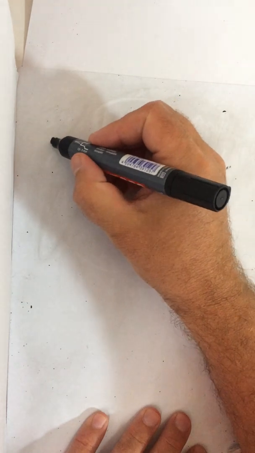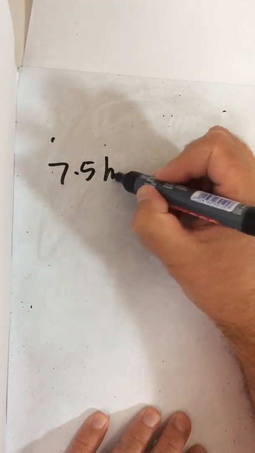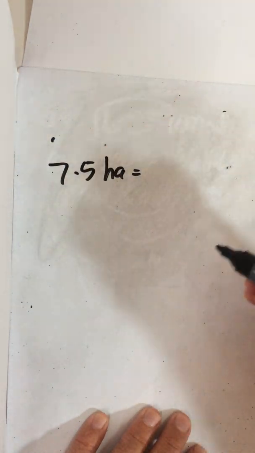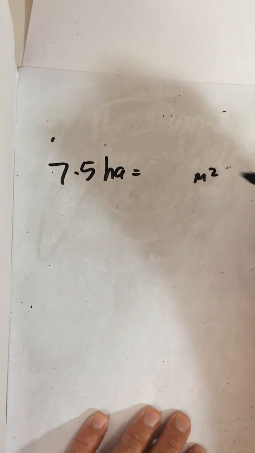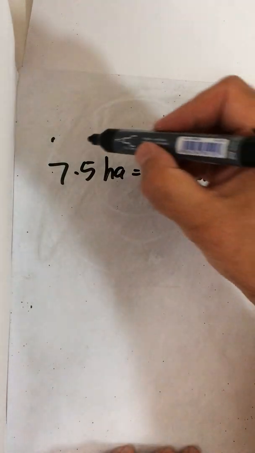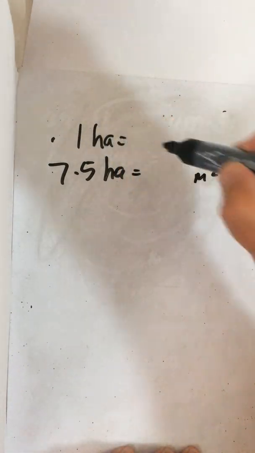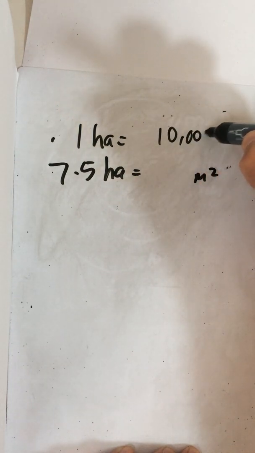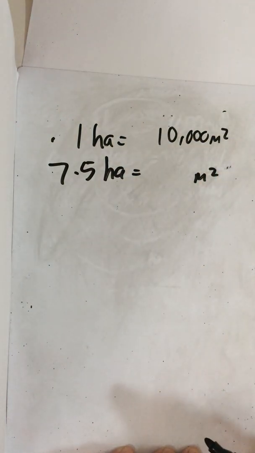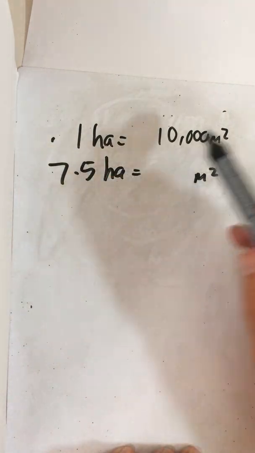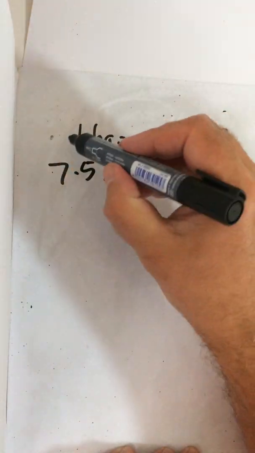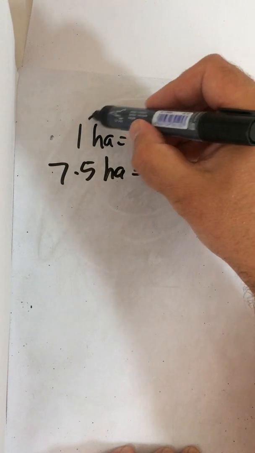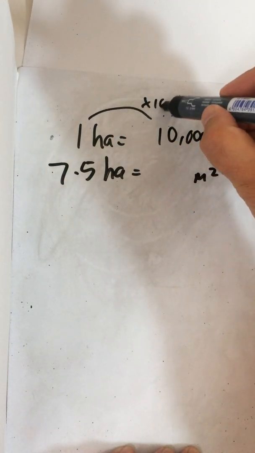Just a couple of those new ones. 7.5 hectares is equal to how many meters squared? So I go back to what I know. I know that 1 hectare equals 10,000 meters squared. Okay, so in this case, if I'm going from 1 to 7.5, it's timesing that by 10,000.